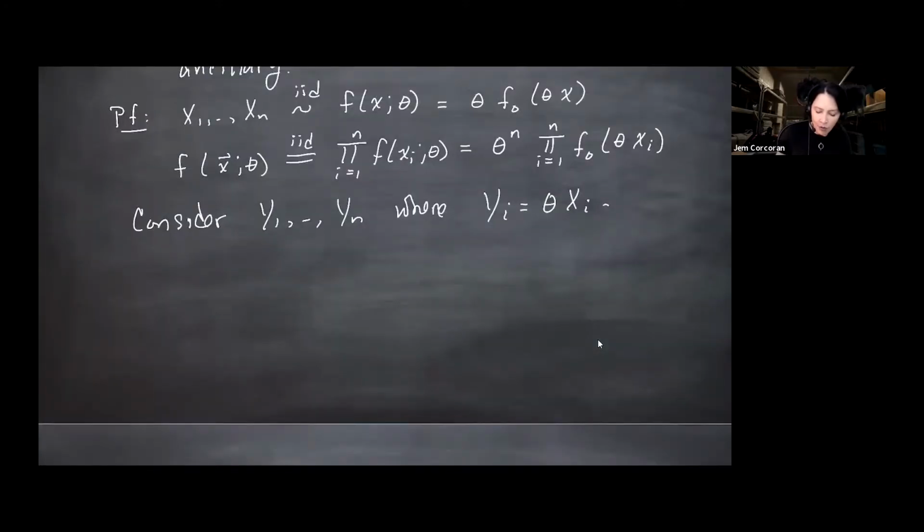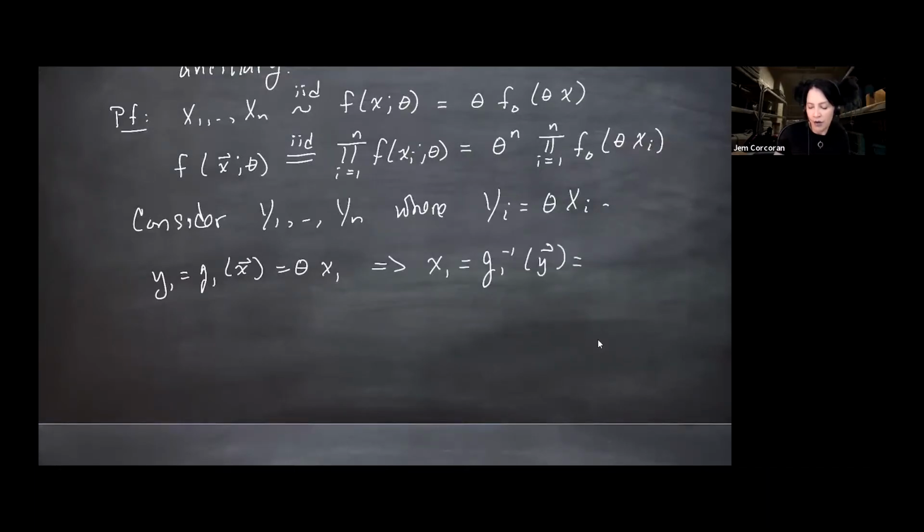So I have y1 is g1 of the x's, and that is theta times x1. And so x1 being g1 inverse of the y's is y1 over theta. Do the same thing for y2 with x2 out through yn.